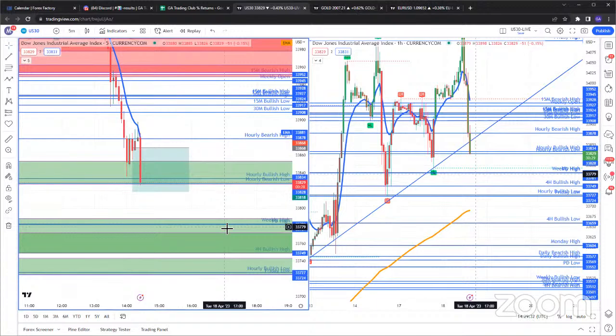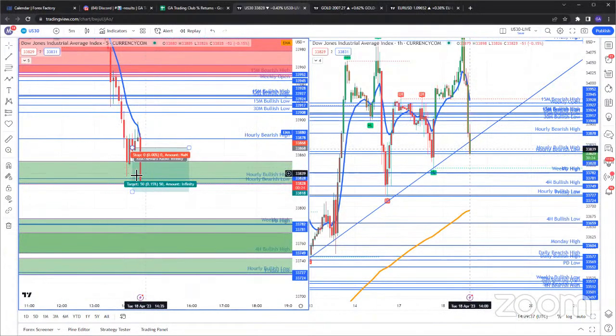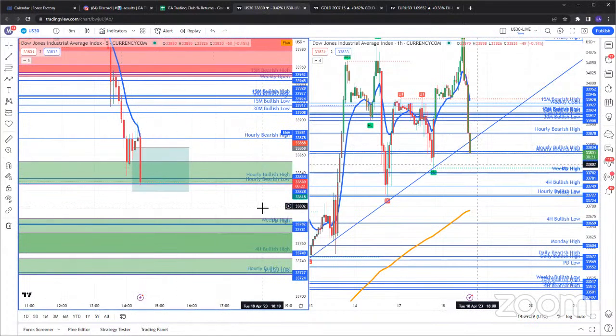If this candle closes below the hourly bearish low, it will also be closing below a trend line that I have on my MT4. And from that point, I do anticipate a spike to the downside. And even when this trade does hit TP, that should be it for the day.